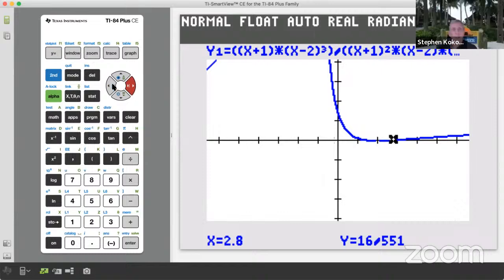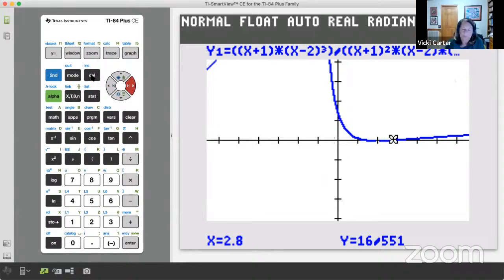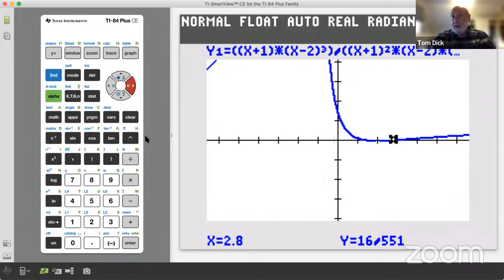Okay. So here's something I might try to get there. A Zoom fit is one thing one could try, but keep in mind that this function has a vertical asymptote, so we might get a really weird window. What I might do is, I was tracing pixel by pixel, but we could jump over to any value on screen.